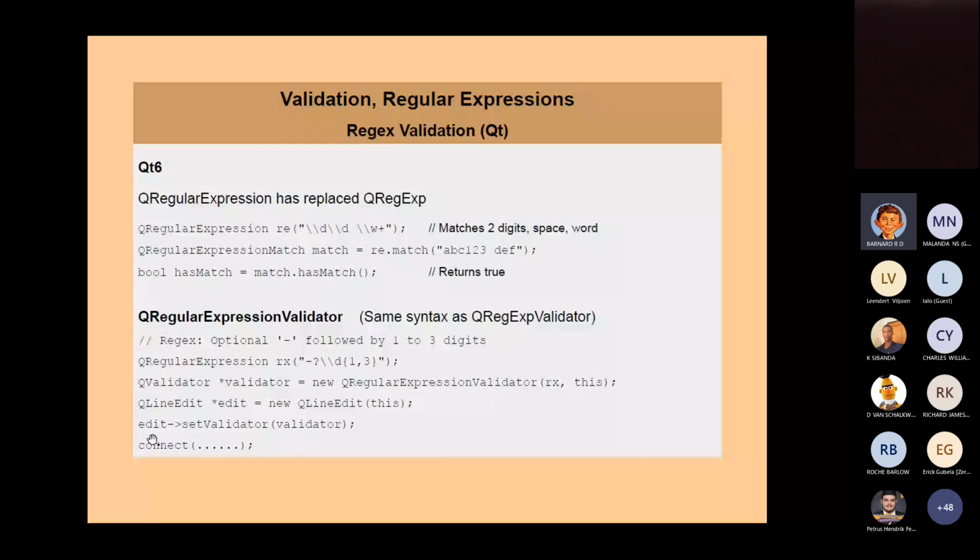Then all you do is you call the set validator method of Q line edit, and you pass it a pointer to your validator, your Q validator object. And it's as easy as that to set up validation. The next trick, of course, is you've then got to connect your signals and slots to actually do something with it.